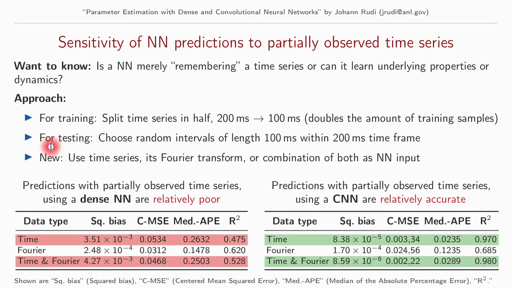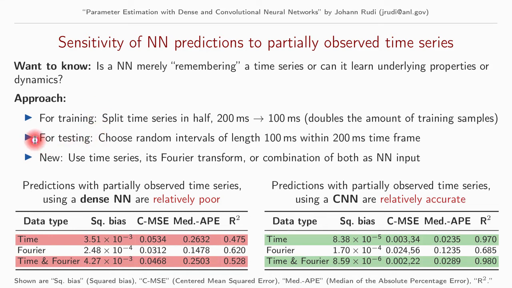Now for the testing, however, we choose random intervals of 100 milliseconds, which lie within this time frame of 200 milliseconds. That means the exact location of the data where the membrane potential is recorded is not known during the training phase.